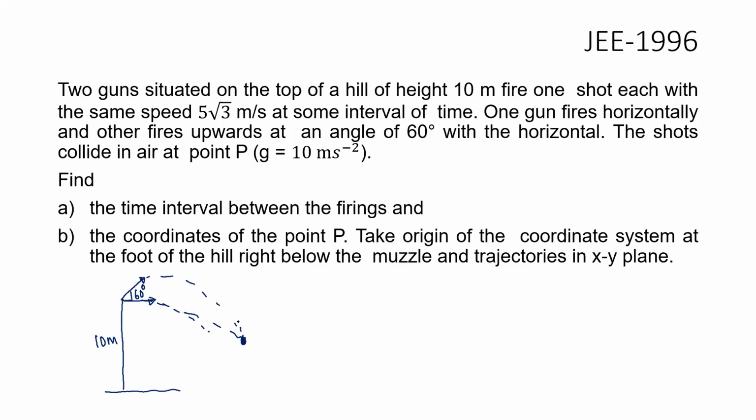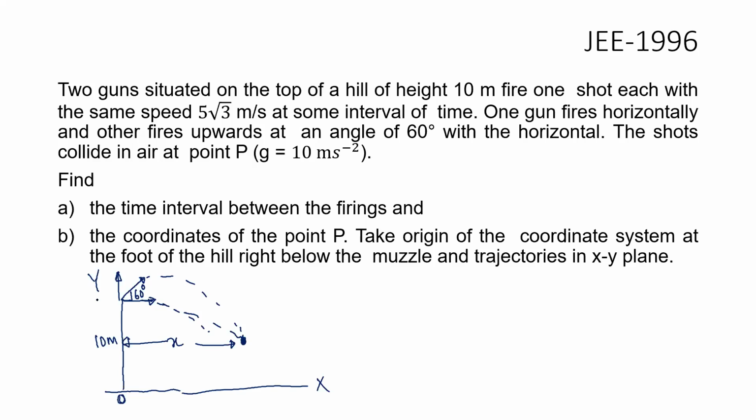The horizontal displacement is same. Okay, so this horizontal displacement is same. And the question says that we'll have to take the foot of the tower as the origin. So this is X and this is Y. Now, because the horizontal displacement is same and horizontally you don't have any acceleration, distance is equal to speed into time. The horizontal components should be same if the time is same.